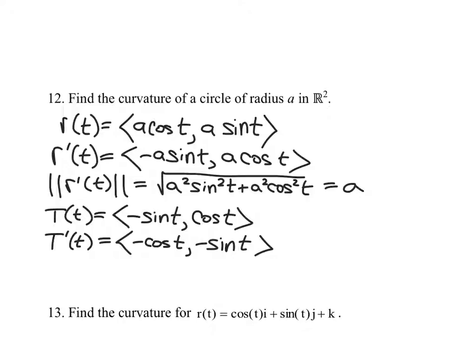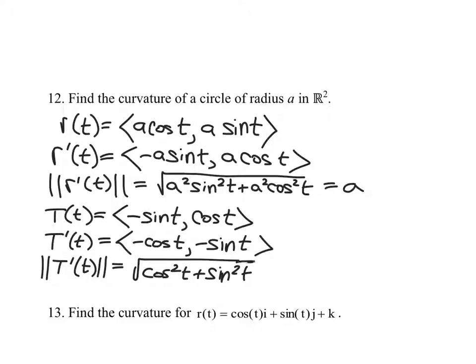The added little component or twist is that I now have to find the magnitude of this. Fortunately, that's also pretty easy, because that's our Pythagorean identity. Turns out we just get a 1.